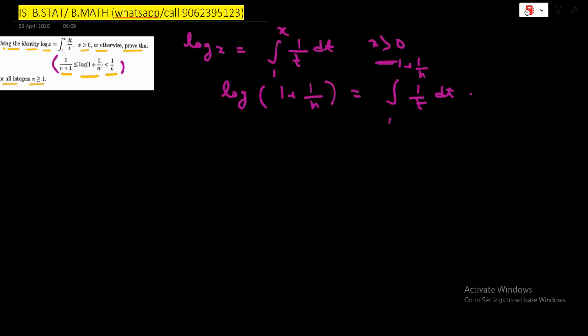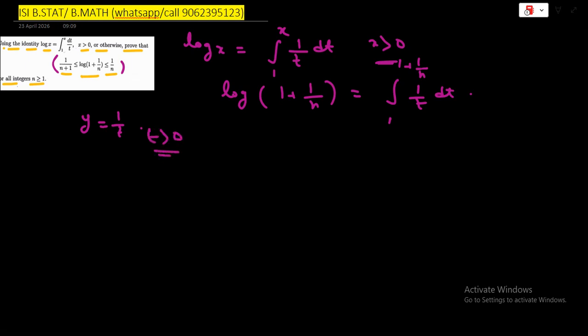Now imagine a curve y equal to 1 by t. This is the real trick: logarithms are secretly areas under the curves, right? So we take y equal to 1 by t. Now this function is decreasing for t greater than 0, right?